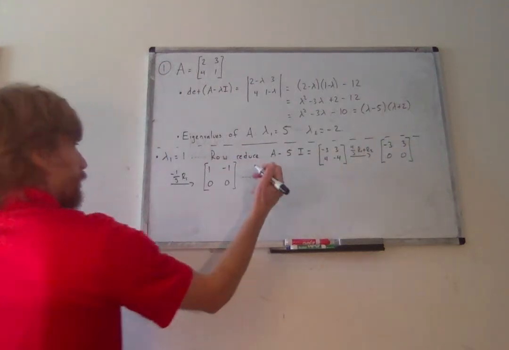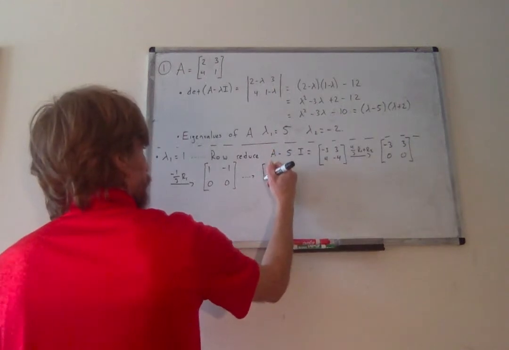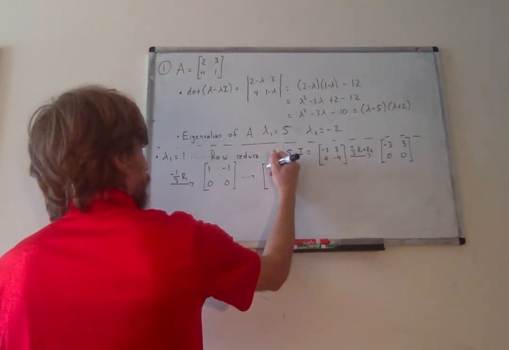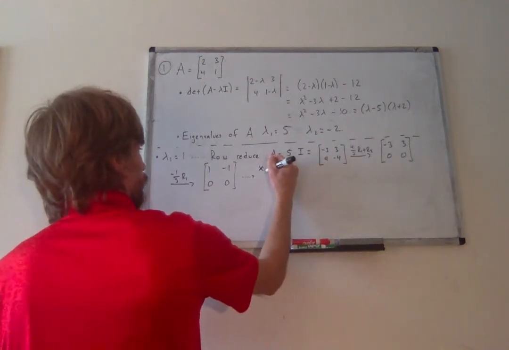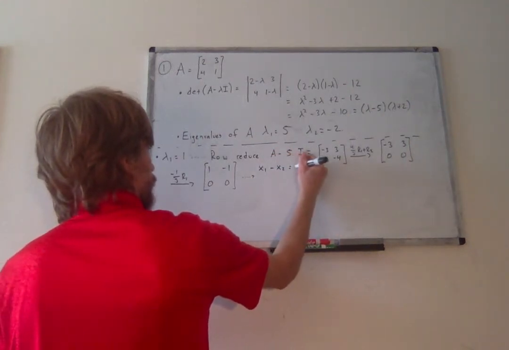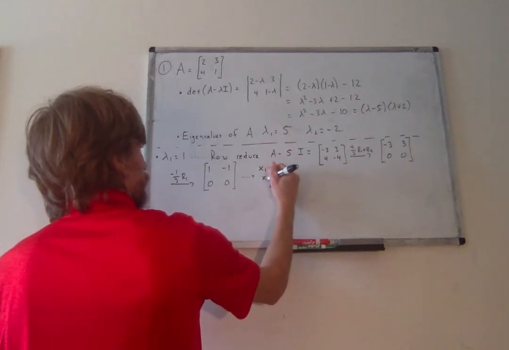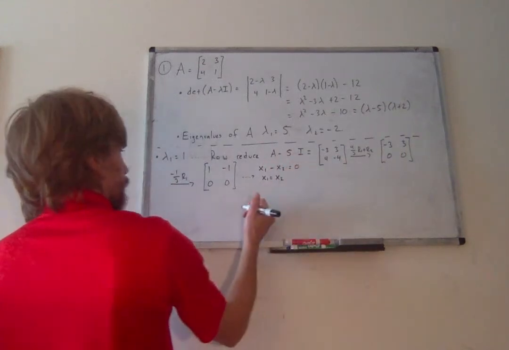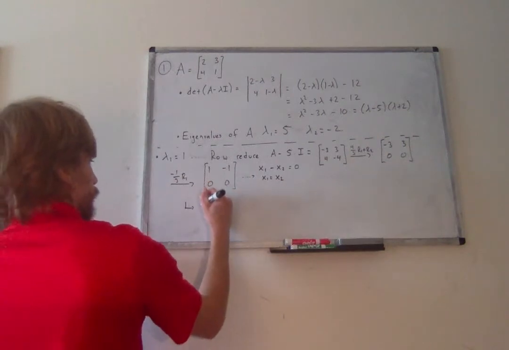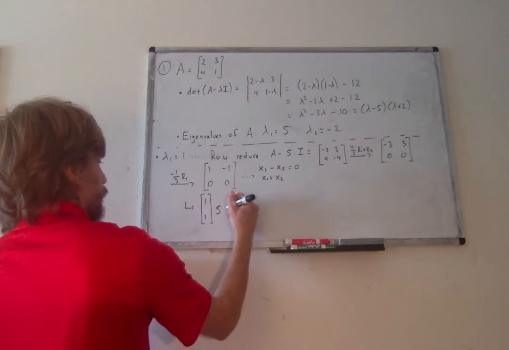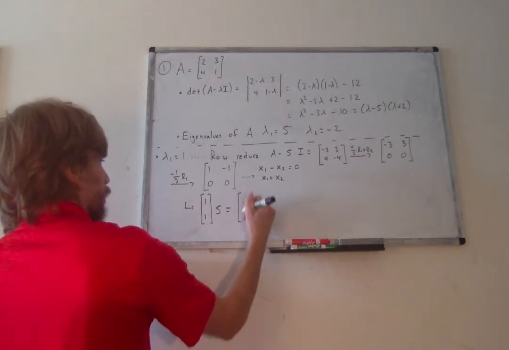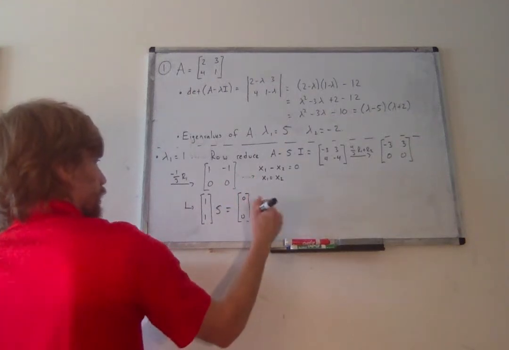And so remember, this means the following. If we're looking at the homogeneous equation corresponding to this matrix, we get x1 minus x2 is equal to 0, or x1 is equal to x2. And so if we write out this solution to the homogeneous equation in parametric vector form, we get 1, 1 times s is equal to 0, 0.